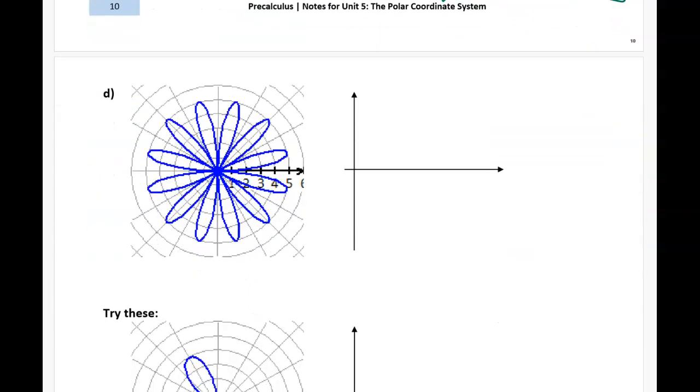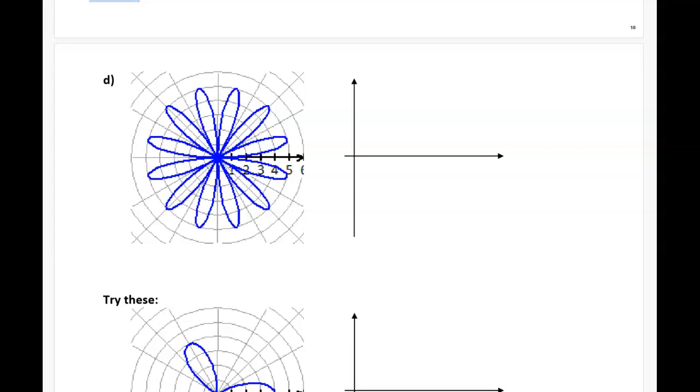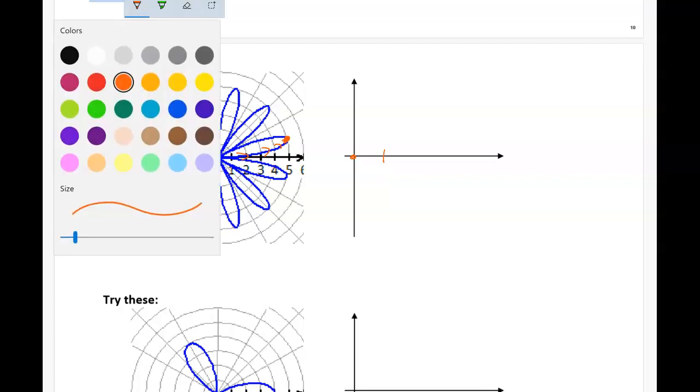Let's do another rose curve. Oh my gosh, let's see. What's this graph doing? We've got a lot of petals here. So it looks like our graph kind of starts here and reaches a maximum. That looks like 15 degrees there.